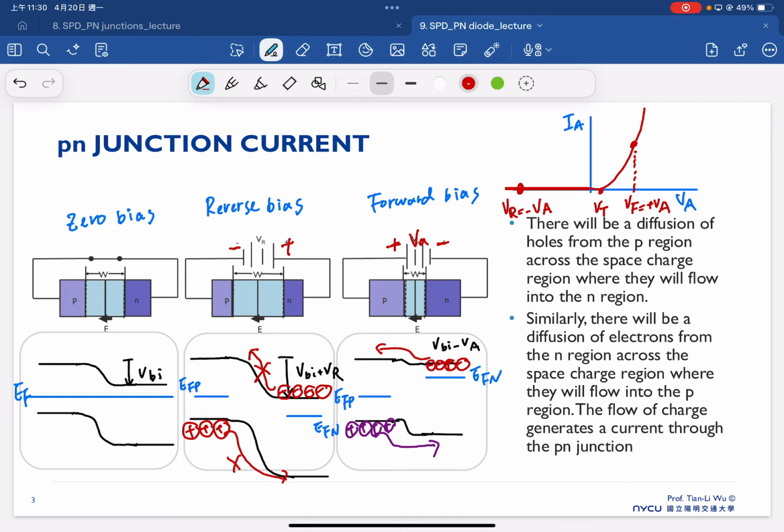Therefore, under forward bias, we expect to see current conducting in this PN diode. So the PN diode becomes a two-terminal device that conducts in one direction, and under the other bias, there should be no current.